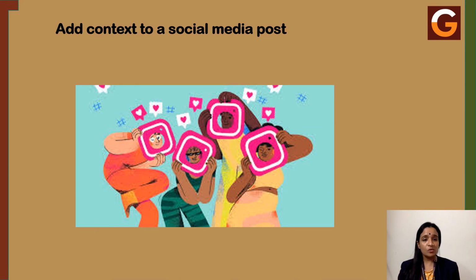Next is to add context to a social media post. On Twitter, you don't have lots of space to write a caption. You have just 280 characters to be precise. On Instagram, longer captions aren't always the most effective. Same with Facebook, Pinterest, LinkedIn, or any other platform. Sometimes less is more.